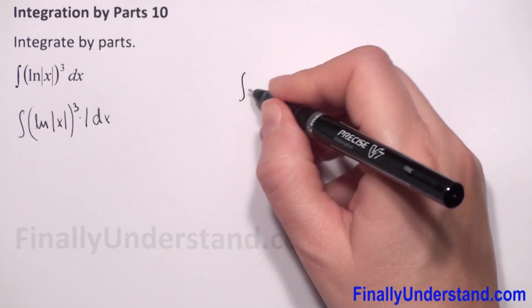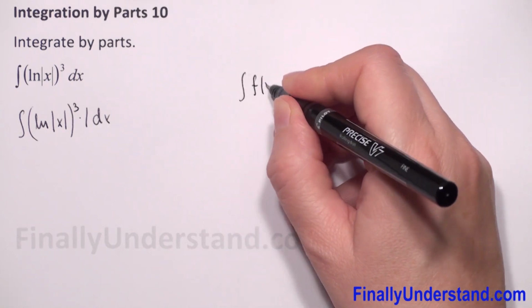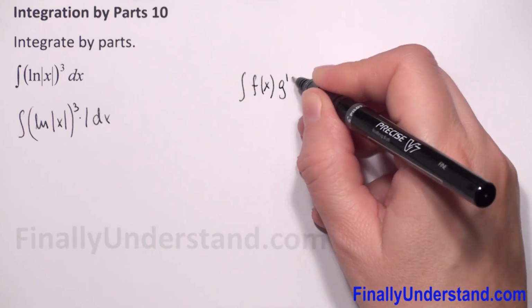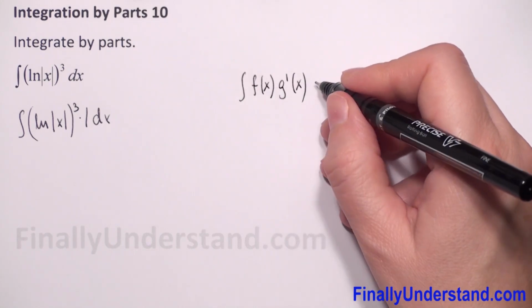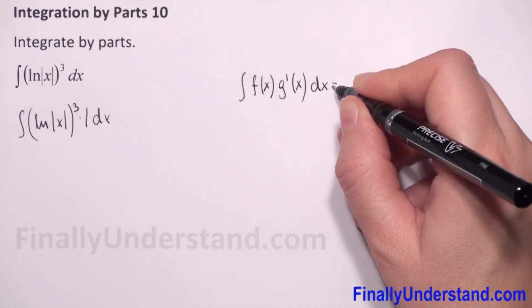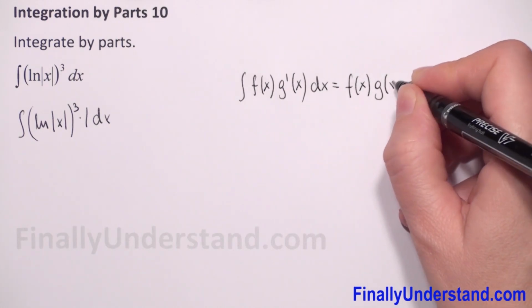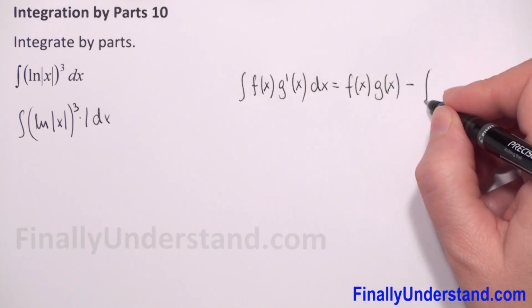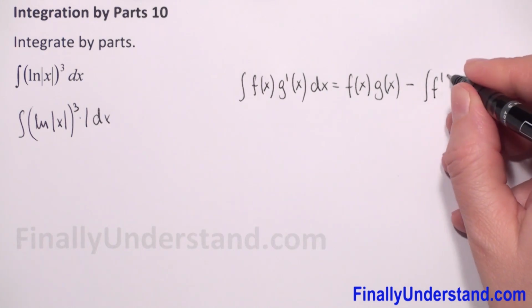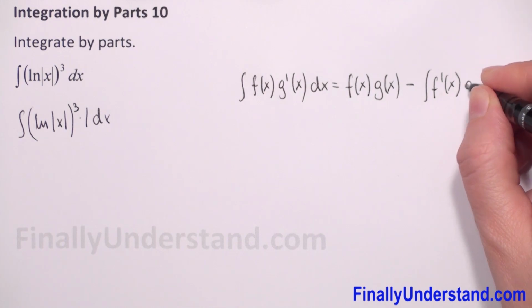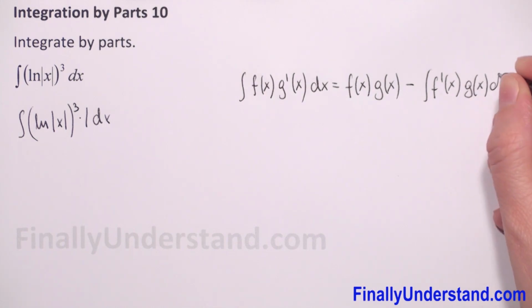When we have the integral of f of x times g prime of x with respect to x, this is equal to f of x times g of x minus the integral of f prime of x times g of x with respect to x.